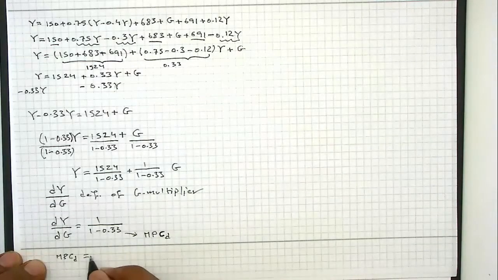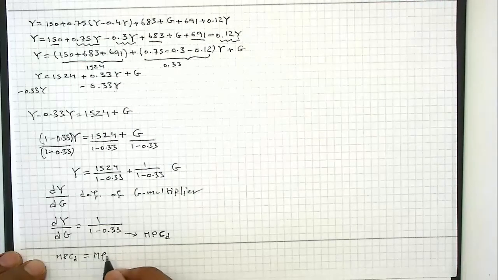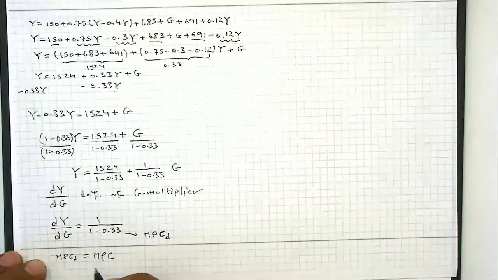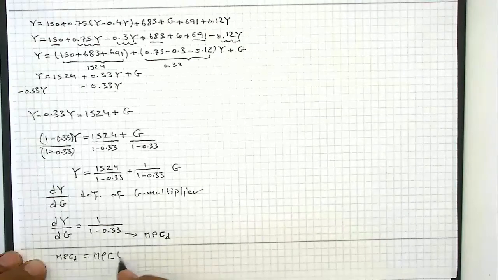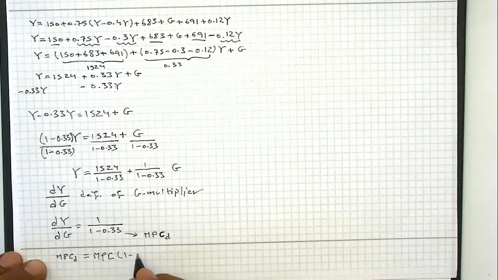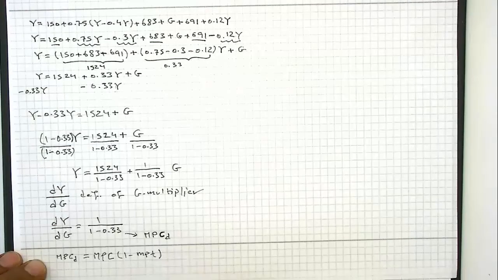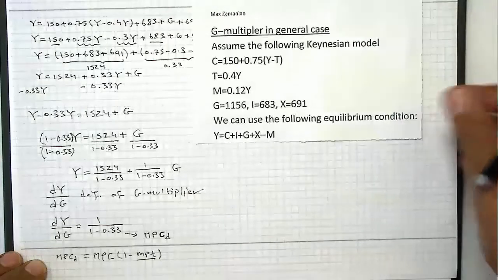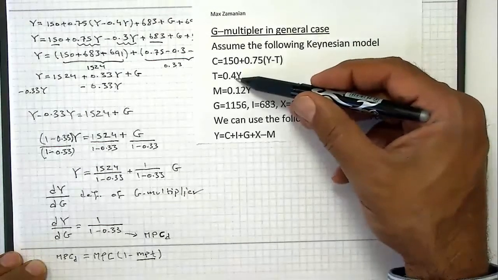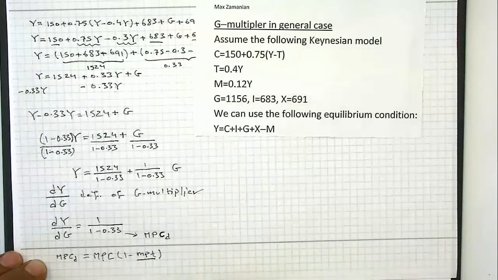That is equal to the marginal propensity to consume overall times 1 minus the marginal propensity for tax, which in this case, if I put this back, is equal to 0.4.